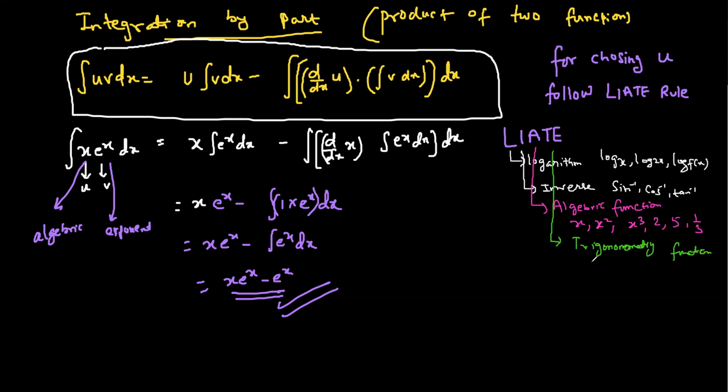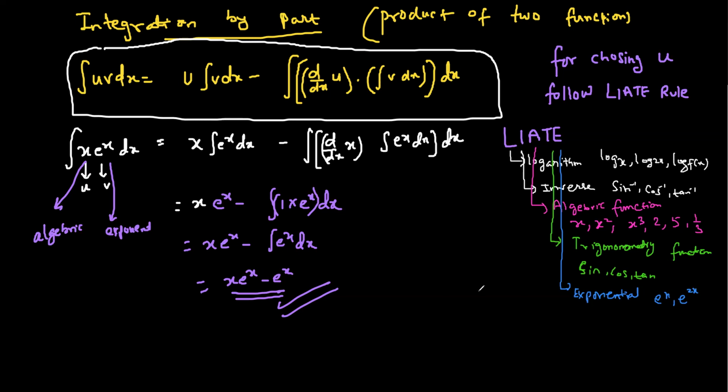Trigonometric functions consist of sine, cos, tan, and in the last, E stands for exponential function. e^x, e^2x, anything in the form of e^x, right?